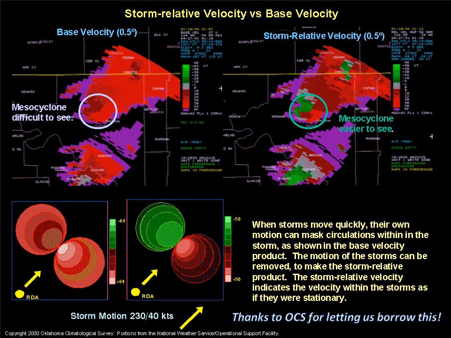Here we see a large area of outbound velocities adjacent to inbound velocities. Note the red and green colors adjacent to each other. This is a much clearer depiction of the mesocyclone and gives some idea of how strong the circulation is. On big, severe weather days when tornadoes are possible, we use storm relative velocity much more frequently than standard velocity, though base velocity can be very useful on days when damaging winds are more likely.